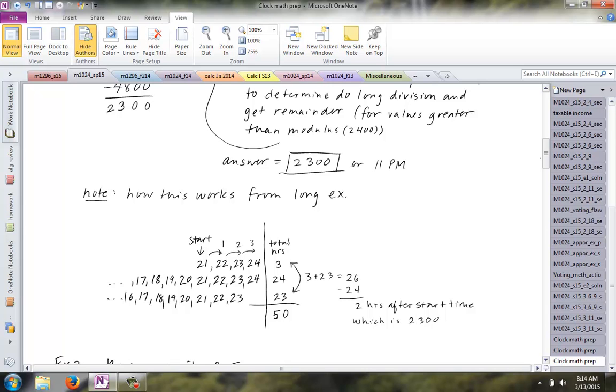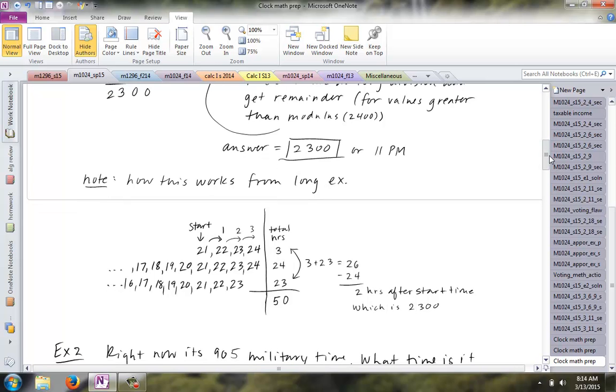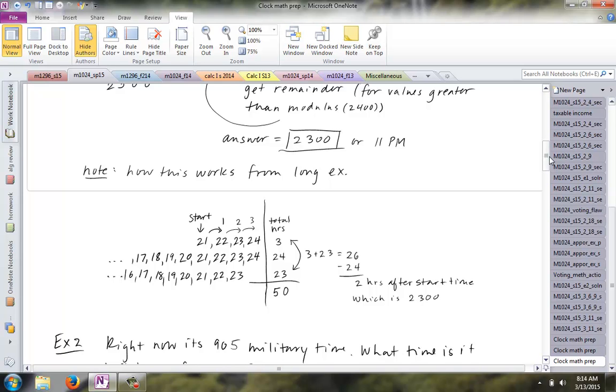So there was 2 hours difference between the start time and the end time. Again, this formula could be made in a lot of ways, but the way it was designed is taking that initial time plus the remainder of the hours, or the 2 hours, to get the 2300.